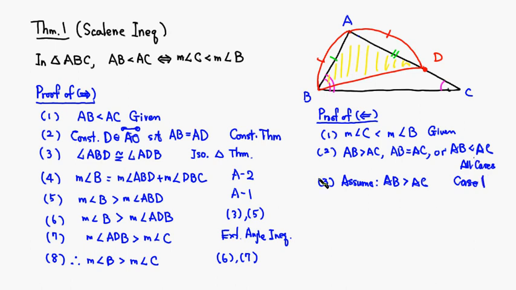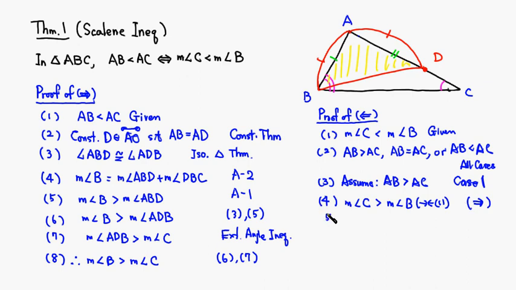Then 4: using the first part, the other implication, if AB is longer than AC, we know that the measure of angle C is going to be strictly larger than the measure of angle B, which contradicts line number 1. This is by the other implication, which we already proved. So this is a contradiction.